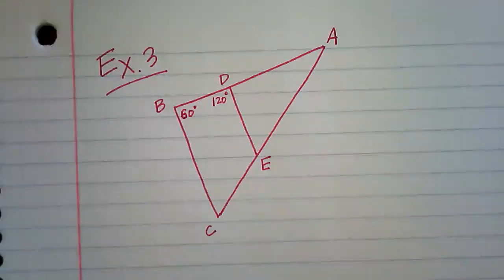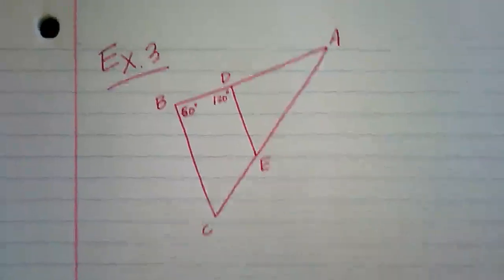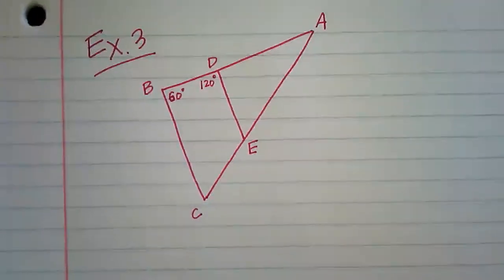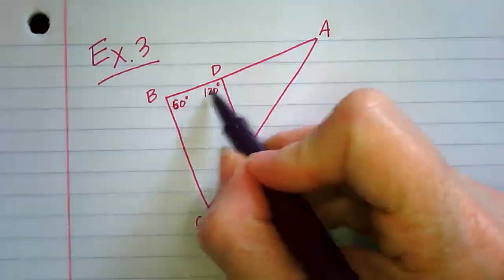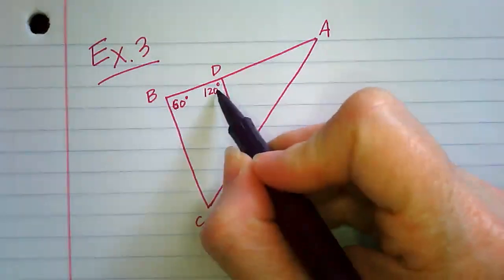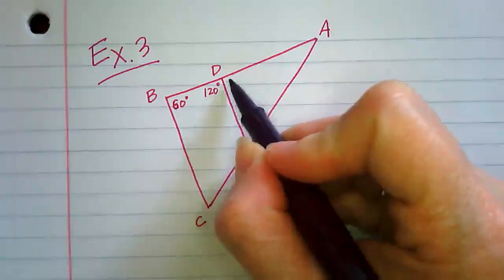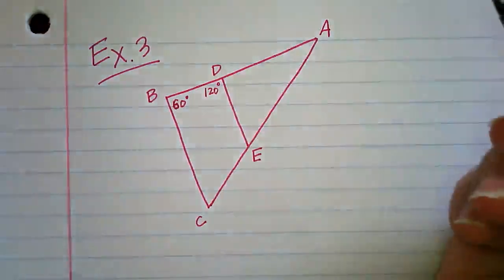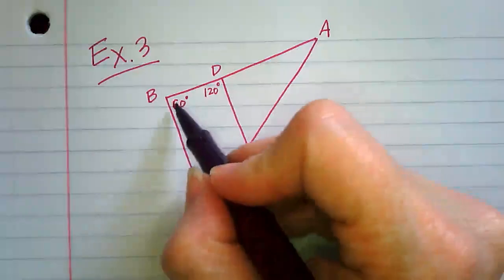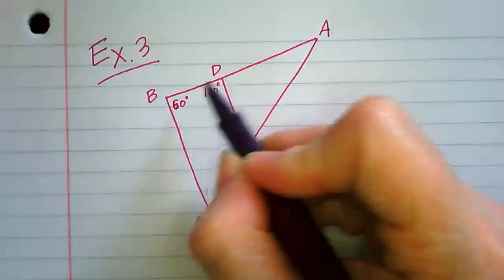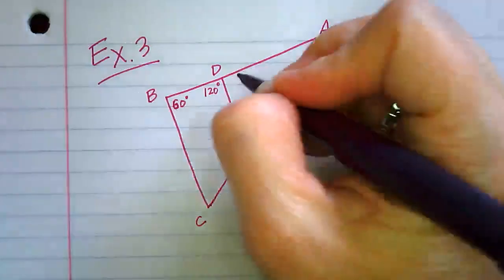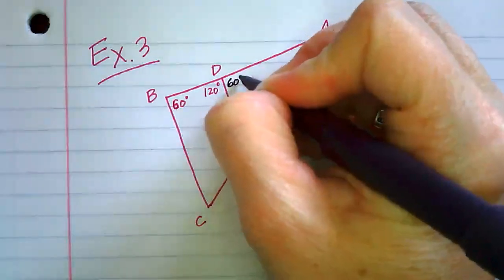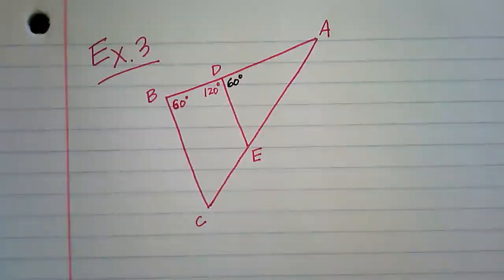So we're going to use things like alternate interior, alternate exterior, corresponding, linear pair, supplementary. If this angle right here is 120 degrees, I can figure out this angle right here. I also know that this angle is corresponding to this angle. But in the end, I know that this angle right here is 60 degrees.